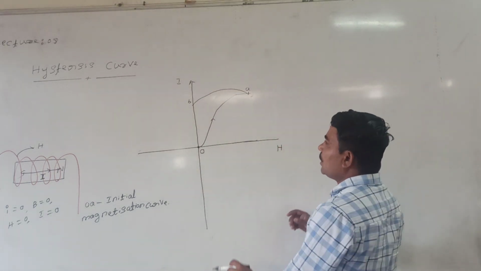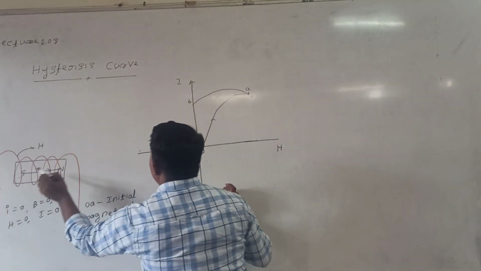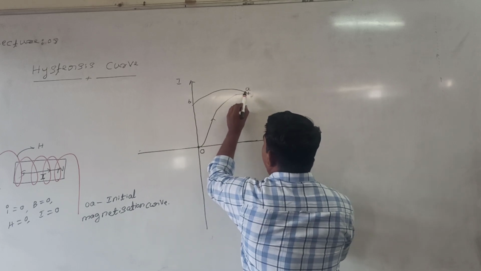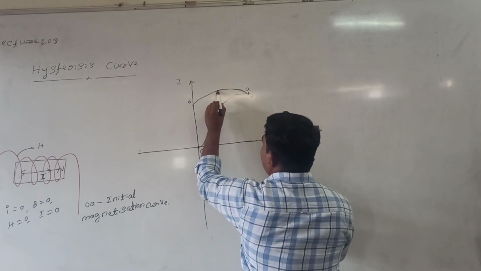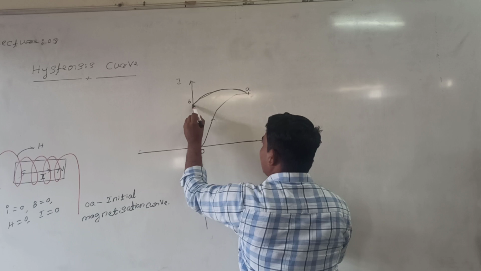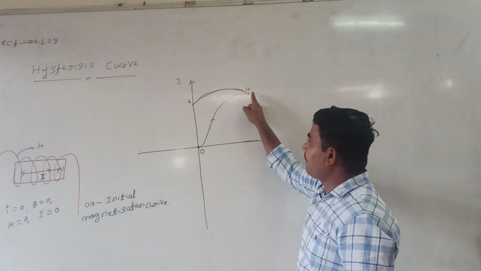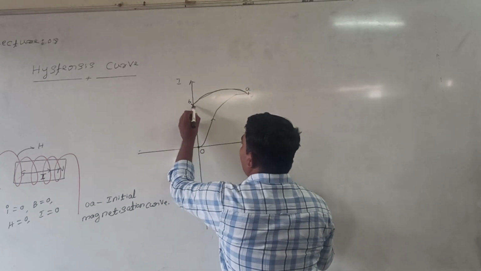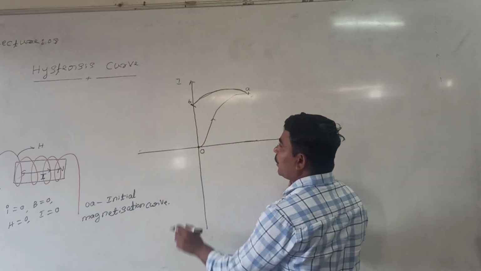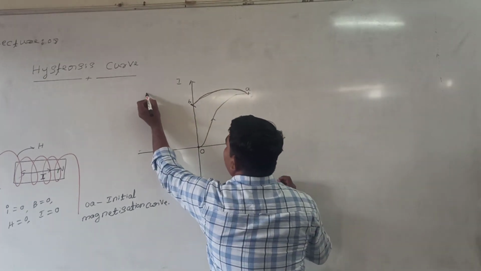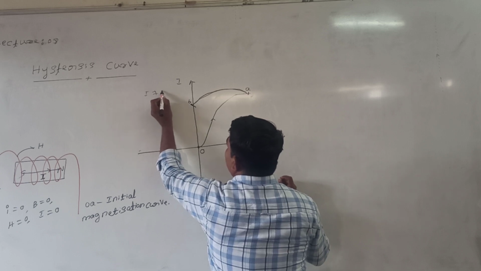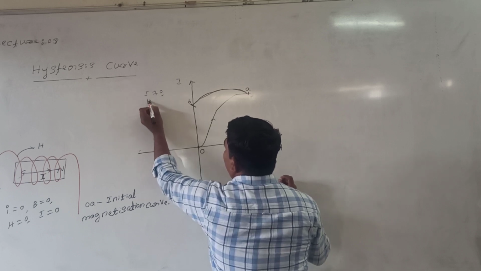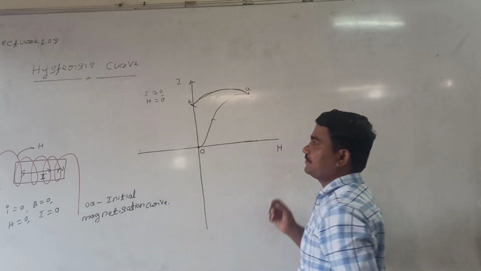If we decrease the current in the given solenoid, the change in magnetic intensity and magnetization follows the path AB, instead of the path AO. At a particular point here, magnetization is not zero, but magnetic intensity is zero.